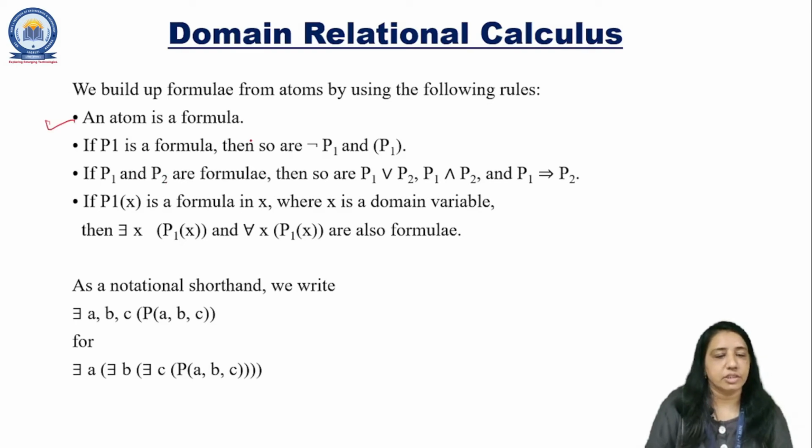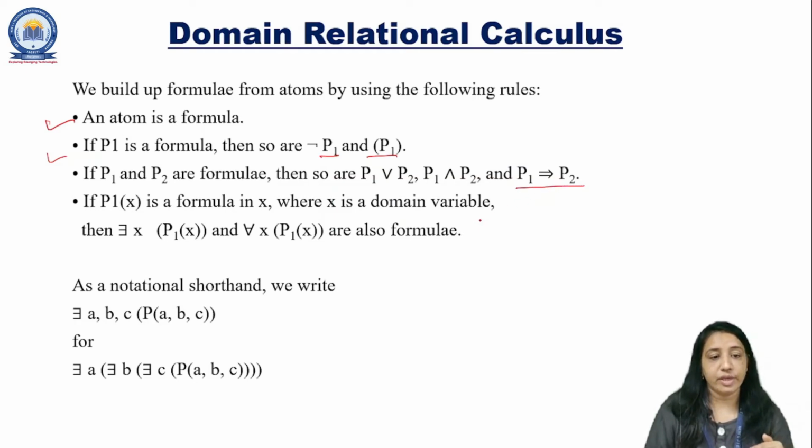An atom is a formula. If P1 is a formula, then not P1 and (P1) are also formulas. If P1 and P2 are formulas, then P1 or P2, P1 and P2, and P1 implies P2 are also formulas.